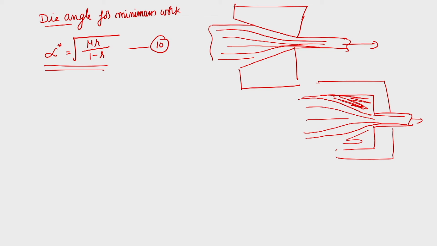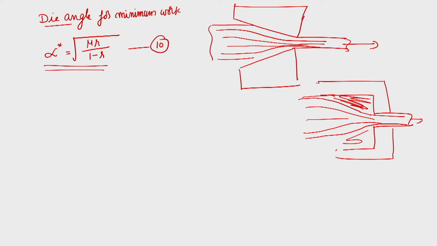Now, if you know the deformation behavior of the material, then you can also have an idea about what is going to be the draw stress. But you will find that after the drawing operation, there is going to be a variation in the longitudinal stress across the cross section. If it is circular, across the diameter; if it is rectangular, across the thickness.